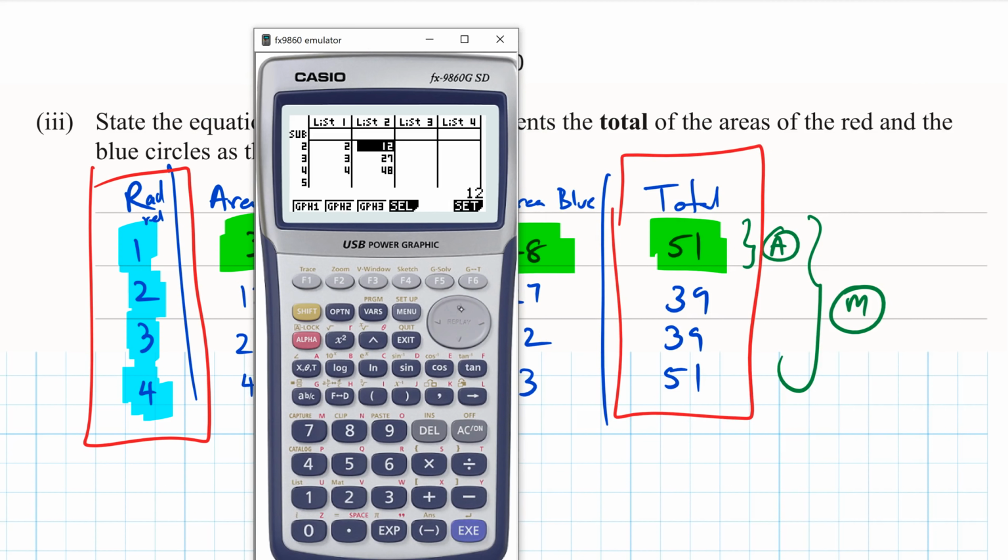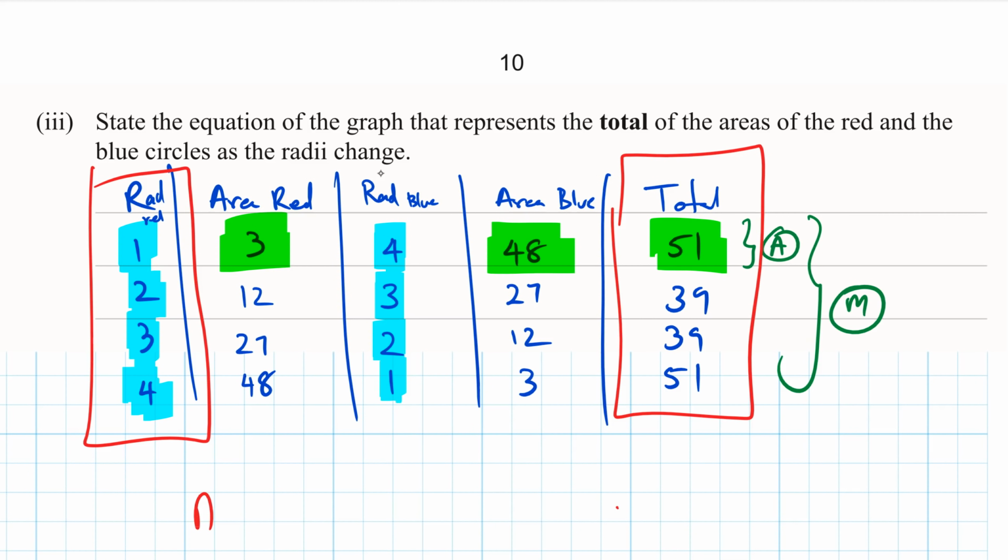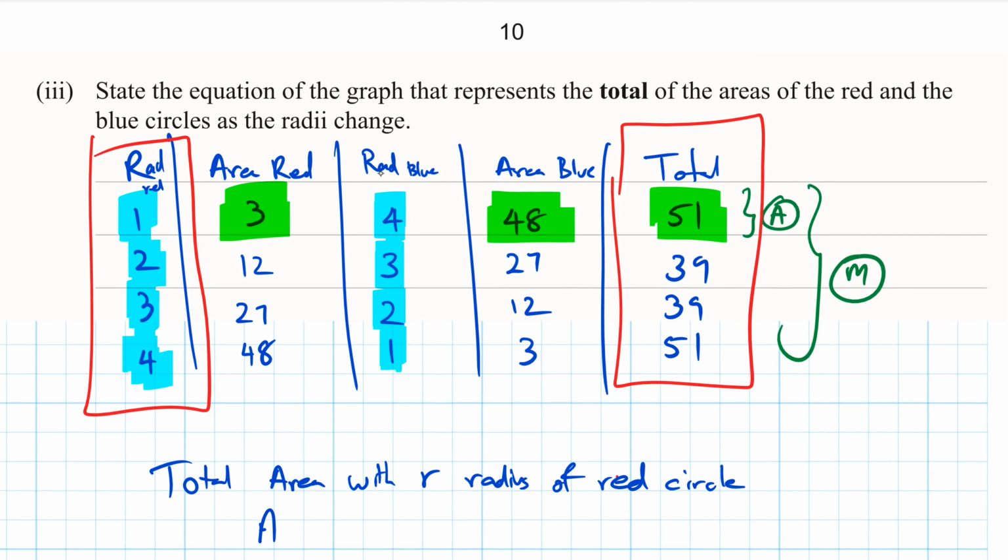And it's kind of nice that I only need to change the y value. So I'm going to put that as 51, 39, 39, and 51. Go into graph, calc, x squared, and then you can see my A, B, C values. So 6, negative 30, and 75. So I write the equation then. So total area, where R is the radius of red circle, I can say that area is equal to 6R squared minus 30R plus 75.